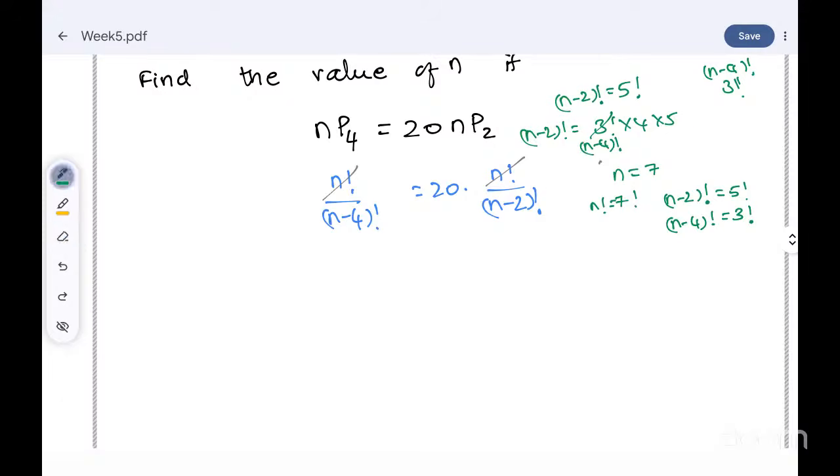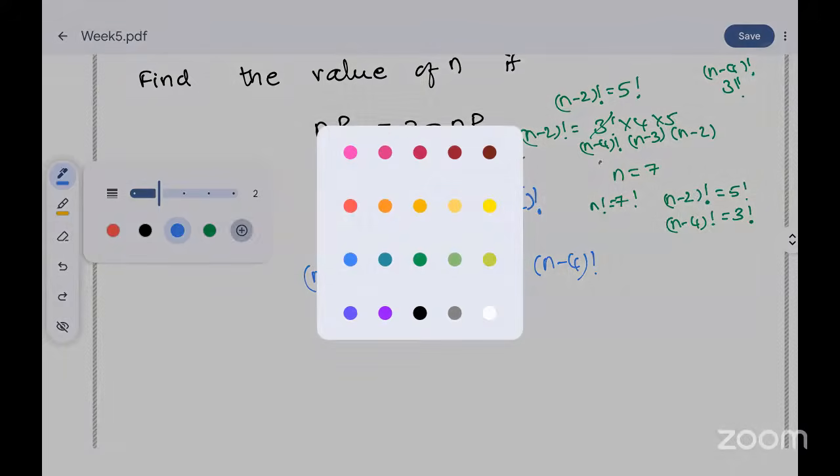So that is exactly what I wrote here. So here it is (n minus 4) factorial into (n minus 3) into (n minus 2) is equal to 20 times (n minus 4) factorial. Now you can cancel this out.